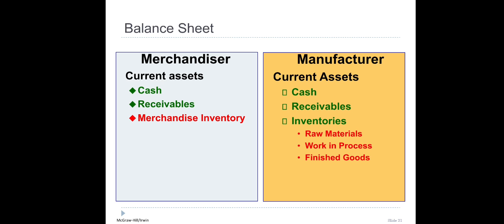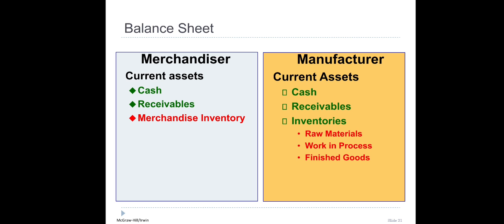And the second type of inventory that you have is work in process inventory, which is partially finished product. And also you will have finished goods.